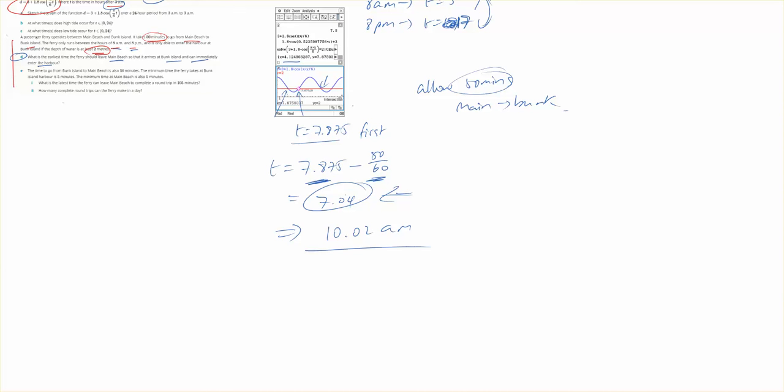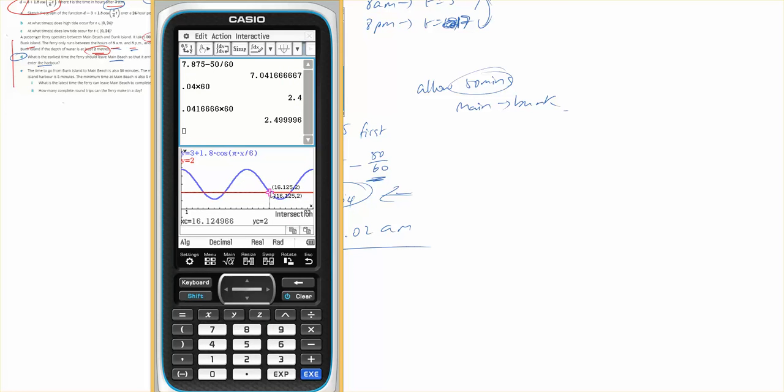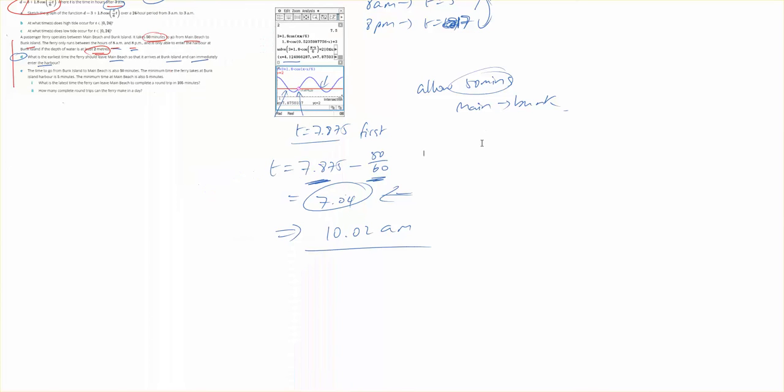When we use our calculator to find that time, we get t equals 16.125. We know the round trip takes 105 minutes, and the dwell time is 5 minutes at each harbour, so we subtract those, and we're essentially looking at a trip of 55 minutes on the ferry, excluding the harbour times.